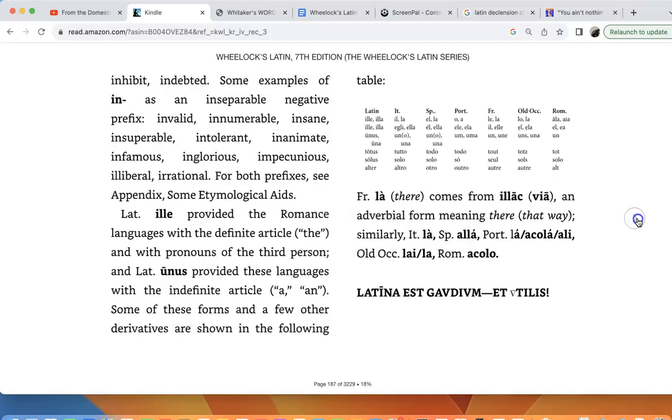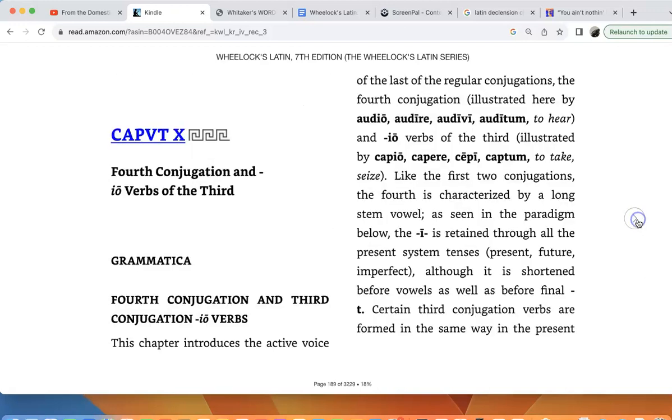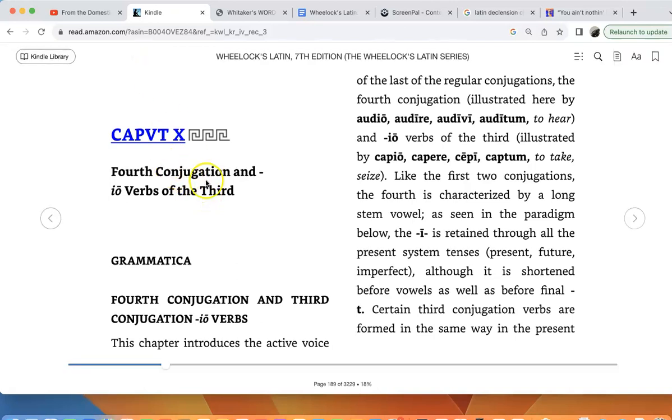Did I already skip that? Let's see, I passed it by already. No, chapter 10 is fourth conjugation, which is IRE. So it'll be similar to what we just talked about today, but verbs that end in IRE versus the letter E or E with a macron or A.